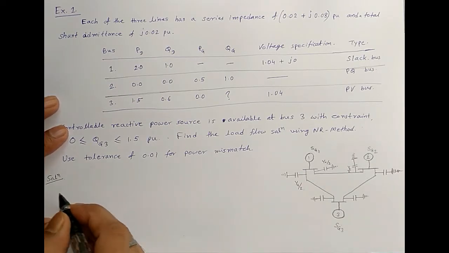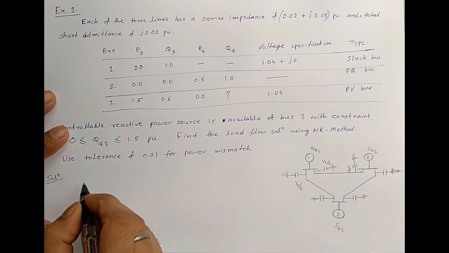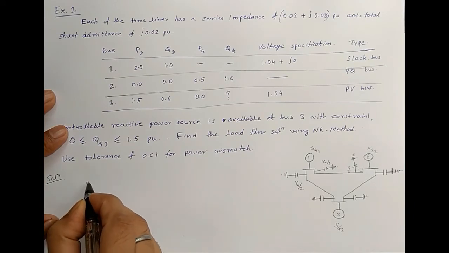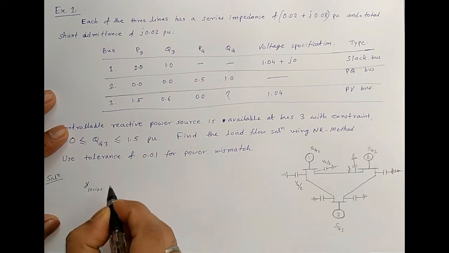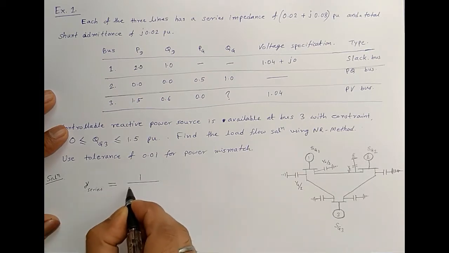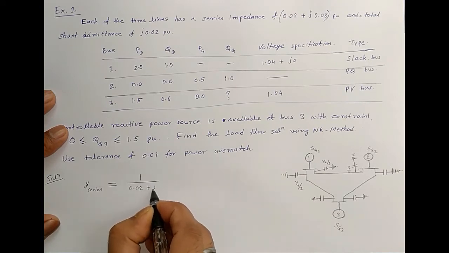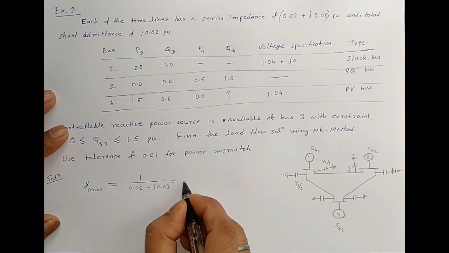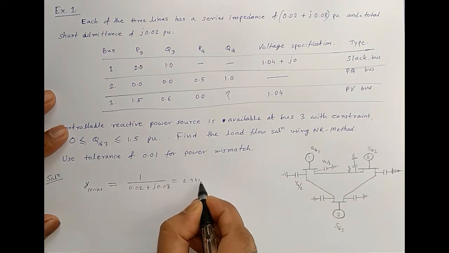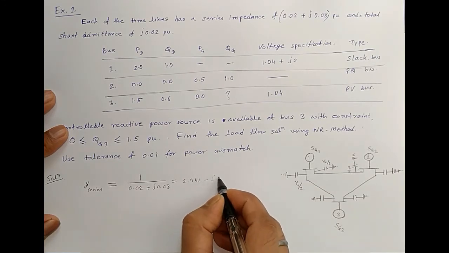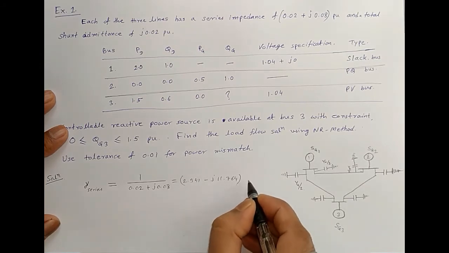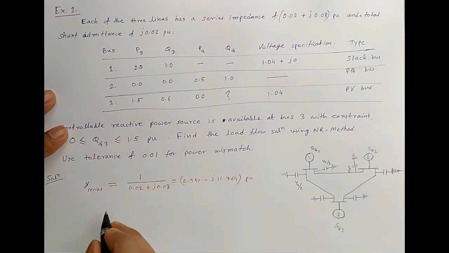The series impedance is given, so the series admittance will be 1 by (0.02 plus j0.08), which is 2.941 minus j11.764 pu.